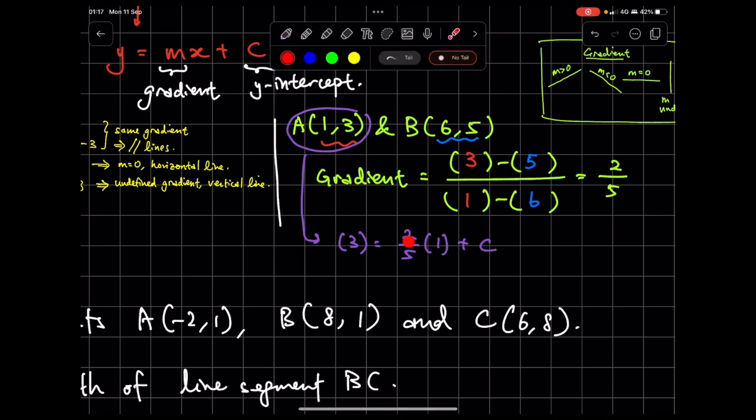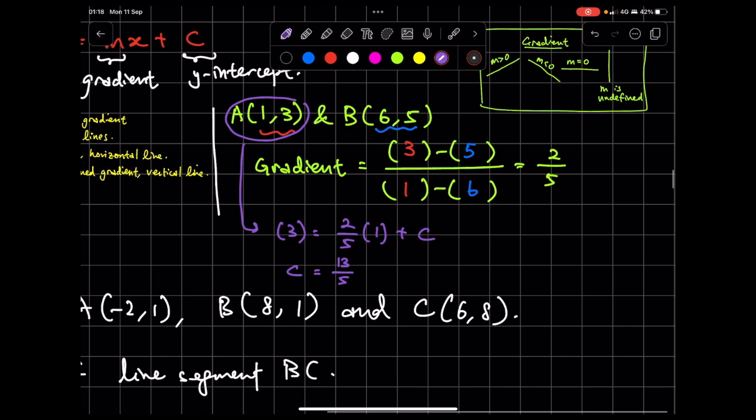I need to expand or multiply this first. 2 over 5 times 1 equals 2 over 5. Then this one I need to move to the other side of the equation. If you do a bit of working, you get c equals 13 over 5.